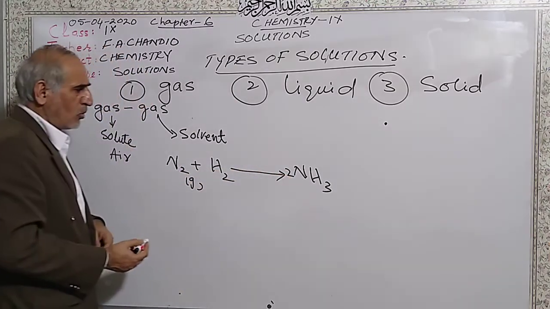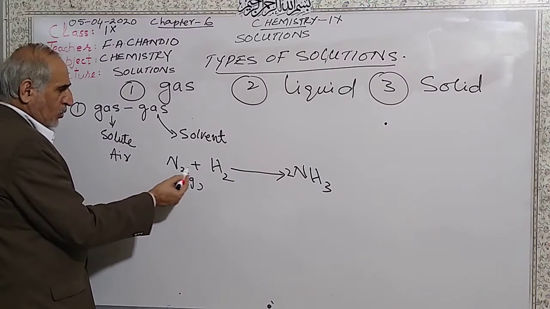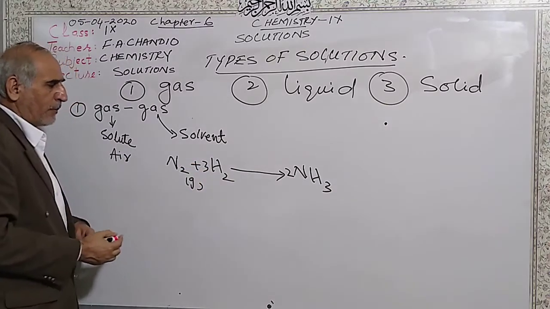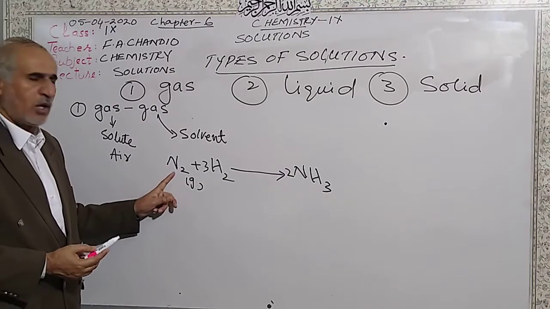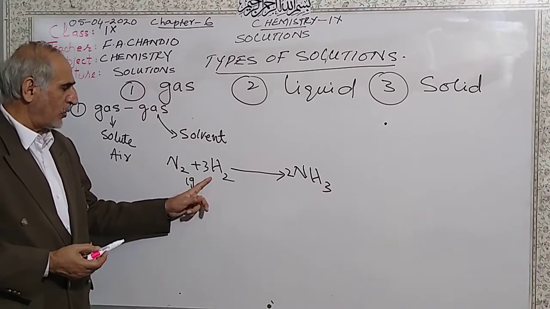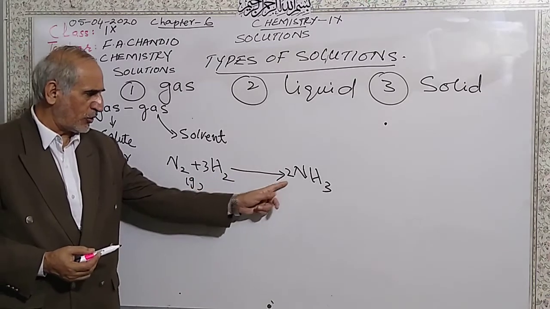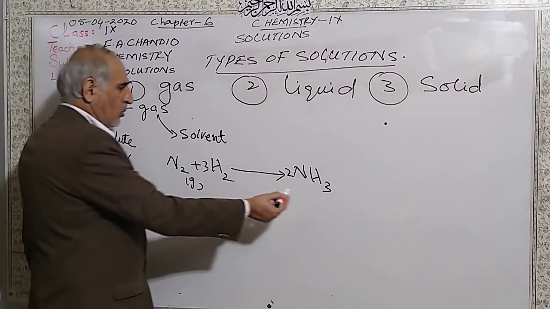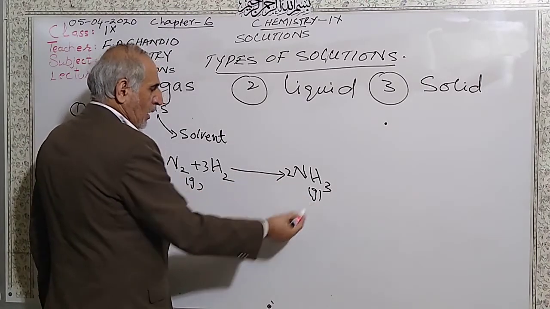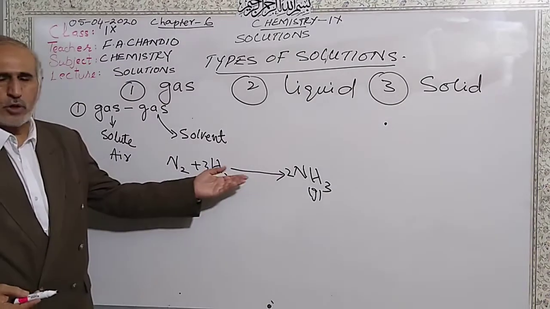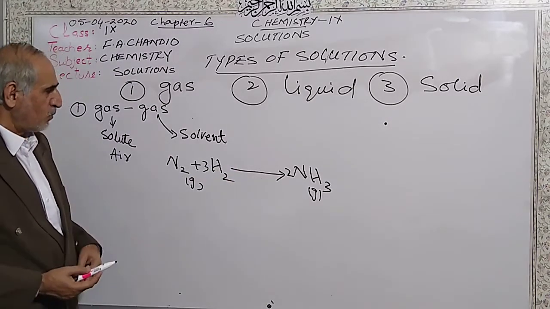Ammonia, you will get 2 moles, and nitrogen 1 mole and 3 moles of hydrogen. You are seeing to balance this equation to make 2 moles of ammonia. This ammonia gas is a very important gas also, because of it you are preparing fertilizers.